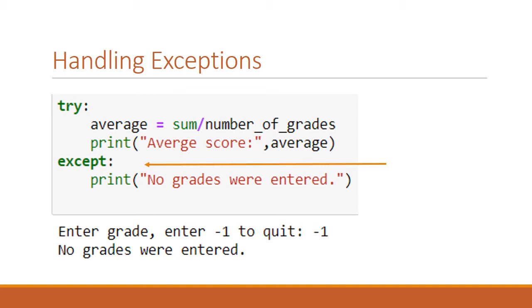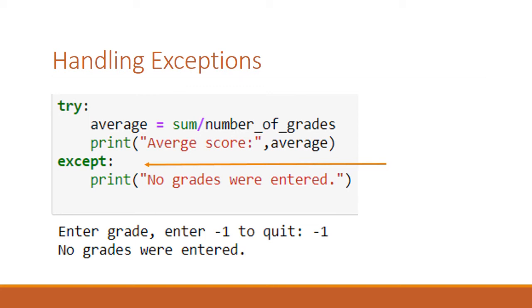One option we have is omitting the error type for the except clause. So notice here that we have the except keyword, and we have eliminated any specific error types. In this case, any exception that's thrown, whether it's a zero division error or a value error or a name error, they'll all be caught.